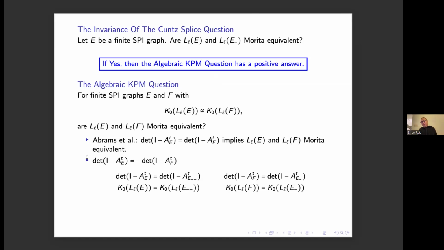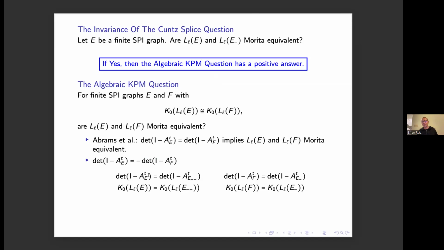And so what we do then is this double Cuntz-Splice. Basically, we take the graph E, Cuntz-Splice it, and then Cuntz-Splice it again. Since these are simple and purely infinite graphs, it doesn't really matter where you Cuntz-Splice; you can just Cuntz-Splice another vertex.